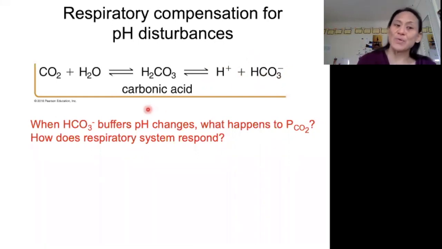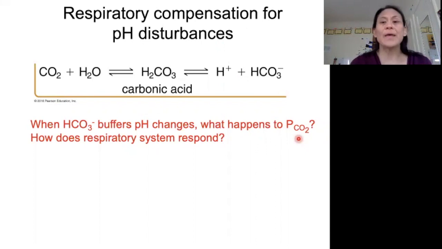I now want to ask you this question. When we have that happen, what's going to happen to PCO2 and how is the respiratory system going to respond? Please take a moment, pause, think about that.